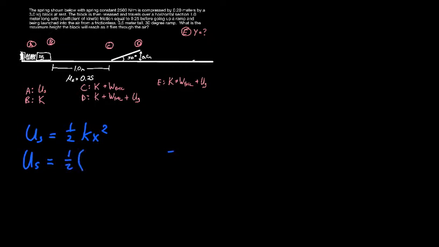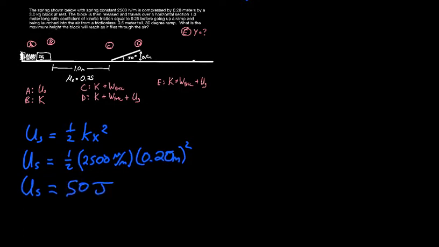The spring constant is 2,500 newtons per meter, and that thing has been compressed 0.20 meters, and don't forget the square on that one, and that gives me a spring energy at that point of 50 joules. Now that is the only form of energy that we have at that moment, so later on in this problem, our total energy we're going to be able to set equal to 50 joules.